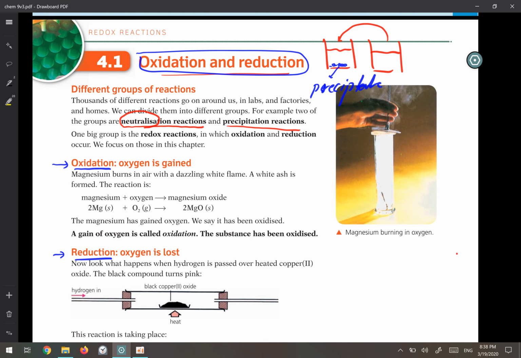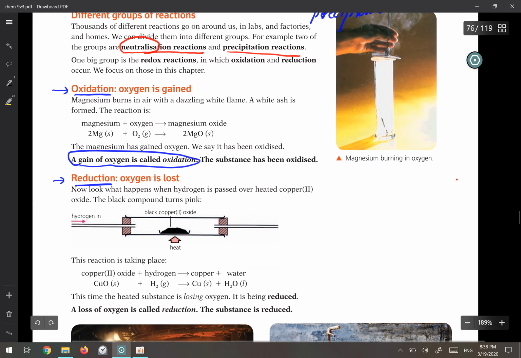So you can understand what oxidation and reduction reactions are. It says oxidation is gain of oxygen. And what is reduction? Here it's mentioned that a loss of oxygen is called reduction. So we have the definitions for oxidation and reduction here in your book.